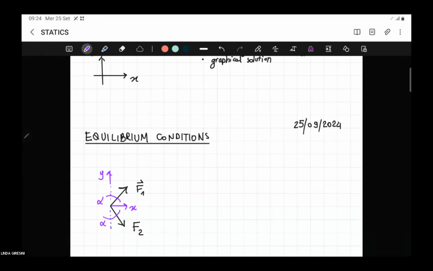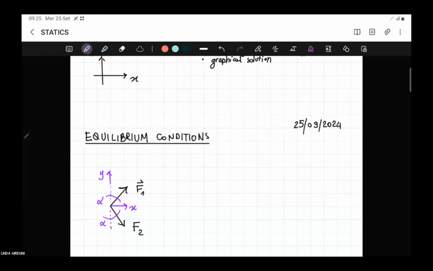In order to have equilibrium, we can approach the problem with two tools, let's say. The first one is the analytical tool, and the second one is the graphical, similarly to what we saw yesterday.